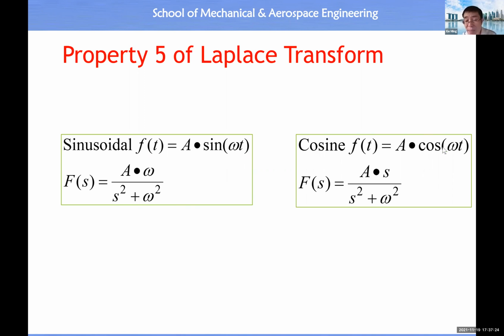Cosine omega t is the same: in the frequency domain you have a ratio between 2 polynomials. That's it, okay? So this gives you enough motivation to transform the complexity of the equation in the time domain into the simplicity of a polynomial equation in the frequency domain, all right?